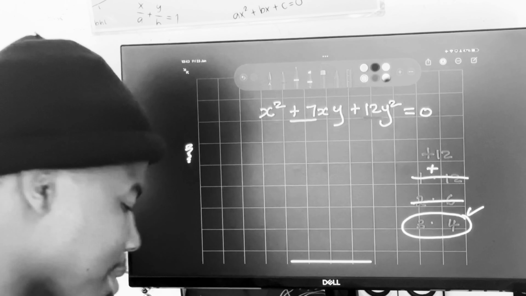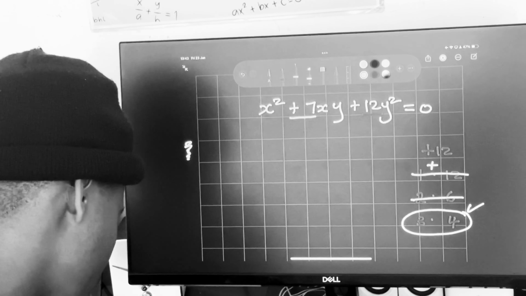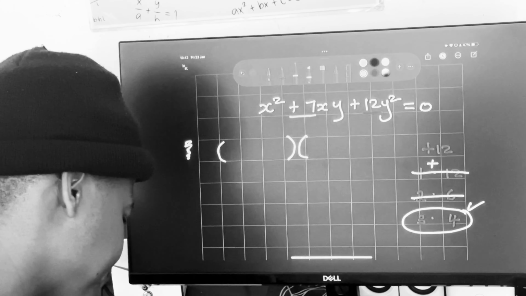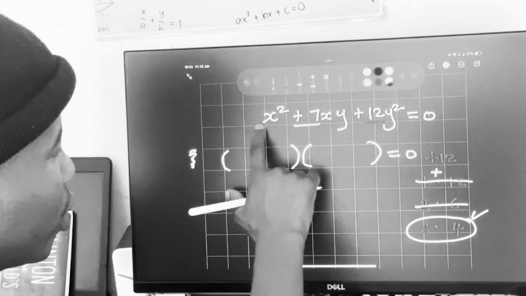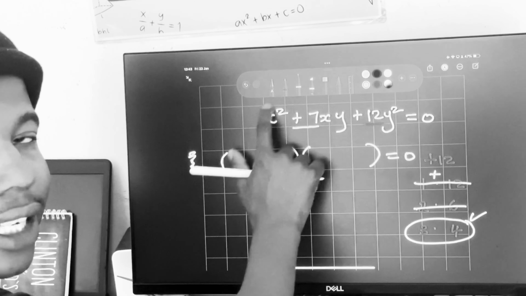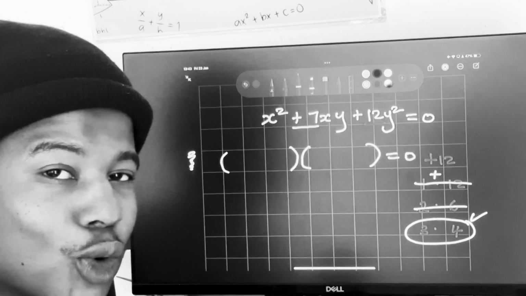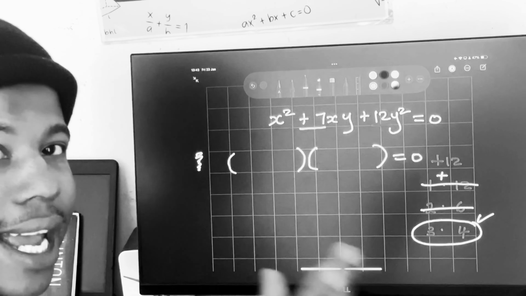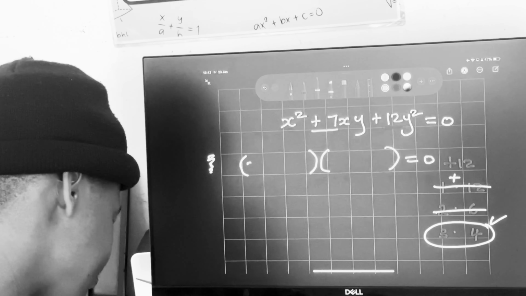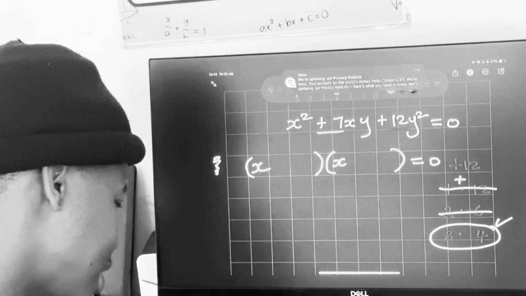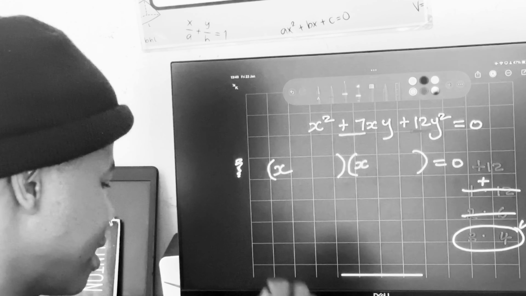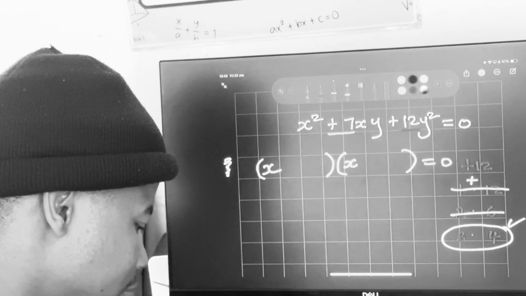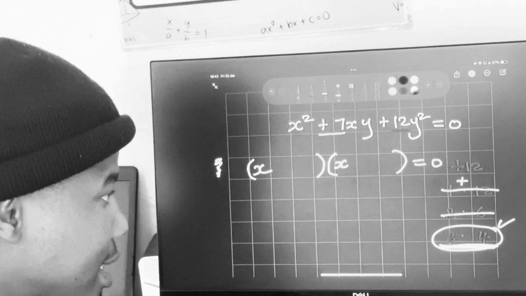So let's factorize. Remember, when we factorize a trinomial, we open two brackets. And then we're going to split the first term. The first term is x squared. It's going to split to x times x, so the first x in the first bracket, the second x in the second bracket. Now let's use these factors.